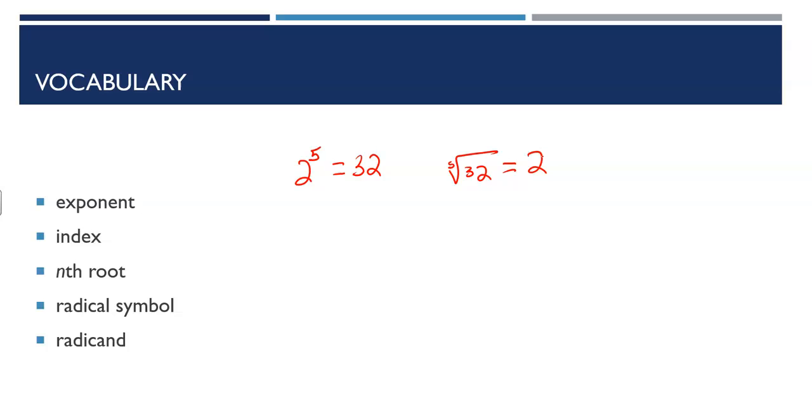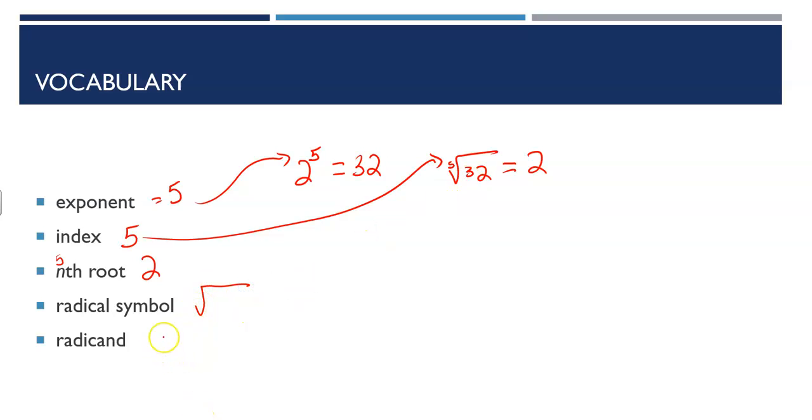The exponent, I'm just giving an example, would be 5. And the index, exponent on this one is 5. Index on this one is 5. The nth root is 2. So this would be the fifth root. n is 5, right? Fifth root. The radical symbol is this thing right here, and the radicand is the 32, whatever's underneath the radical. So those are important words that you need to know.